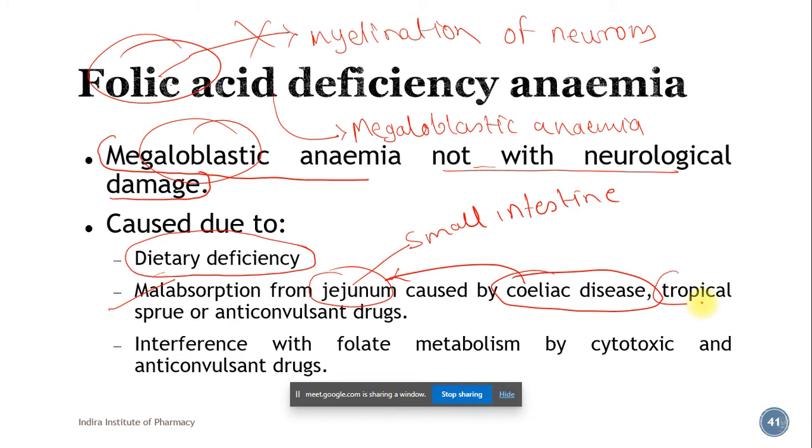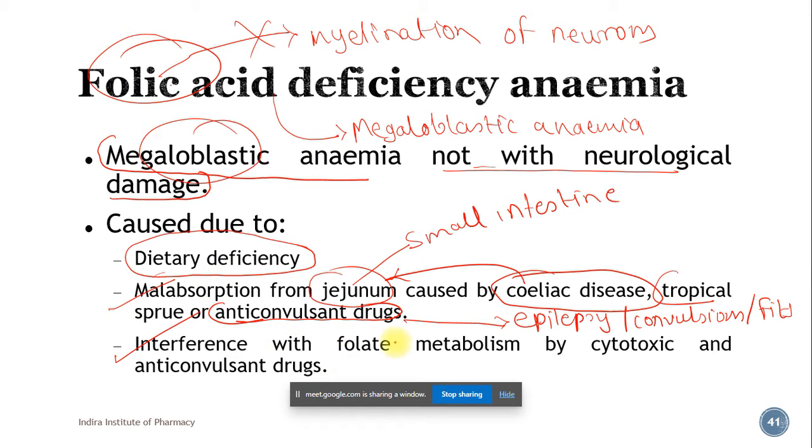So tropical sprue or the anticonvulsant drug. Anticonvulsant drugs are the type of drugs that are used in treatment of epilepsy or convulsions, or in layman's term, fits. Okay, so these drugs are also known to cause the folic acid deficiency anemia.